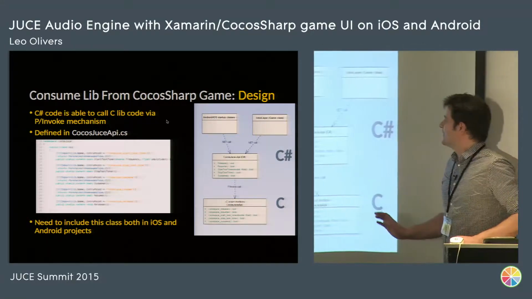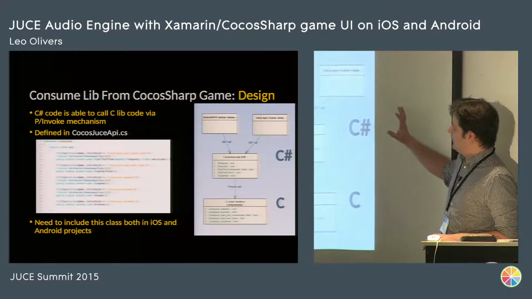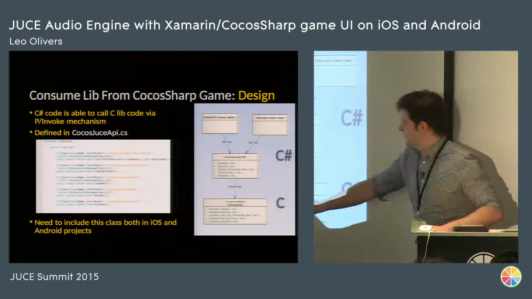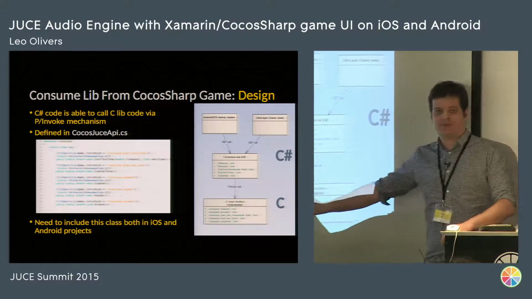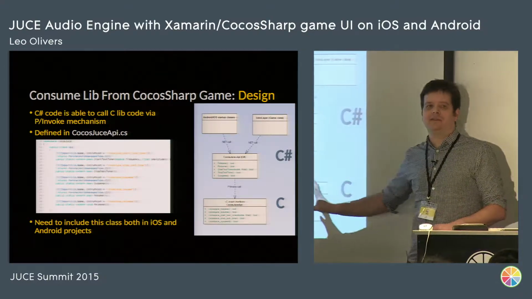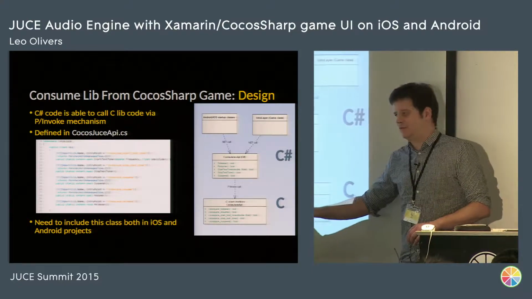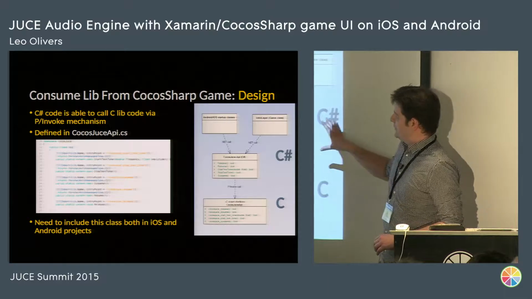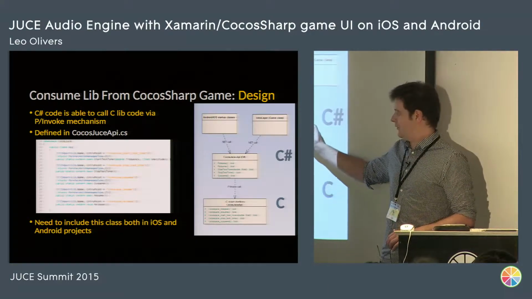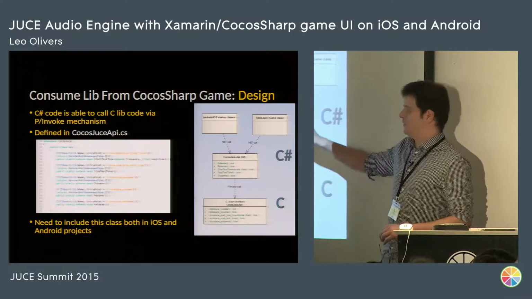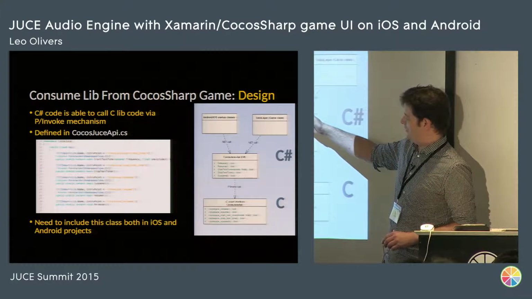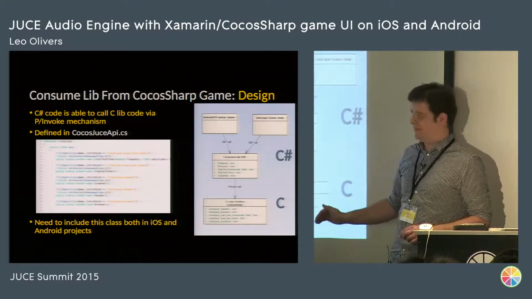Sorry. So what you have here, at the bottom side, is our C exports that we already talked about. These are already in your JUCE libraries. Then we have to provide a C# interop class that talks to these C exports. This is a very simple class which has one C# method for each C method.